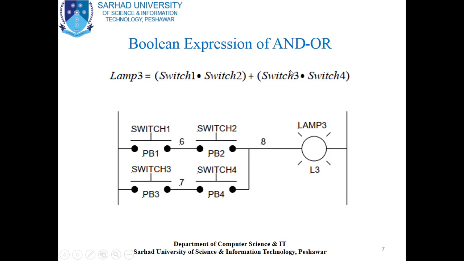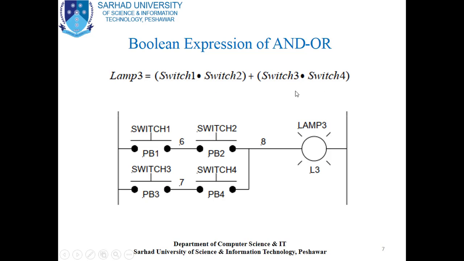Here you can see switch 3 and switch 4. Dot represents the AND logic. So there is an AND logic between switch 1 and switch 2, and there is an AND logic between switch 3 and switch 4.